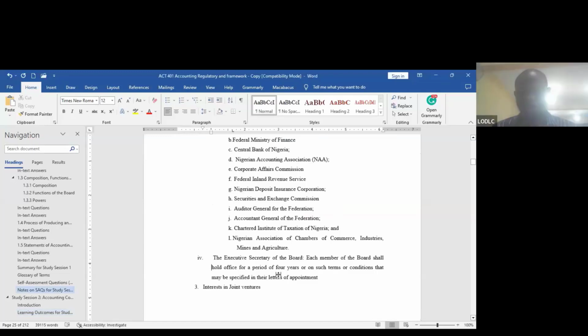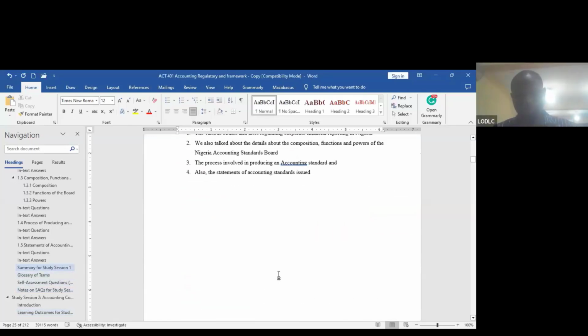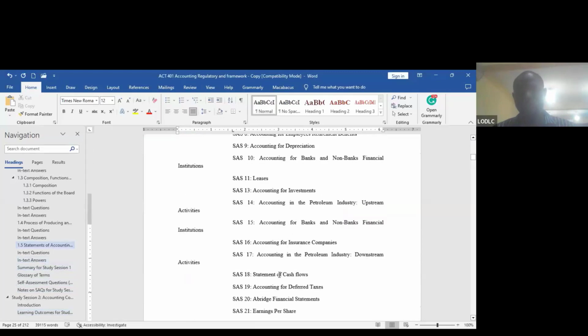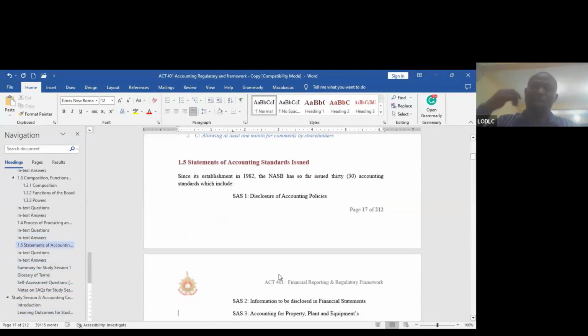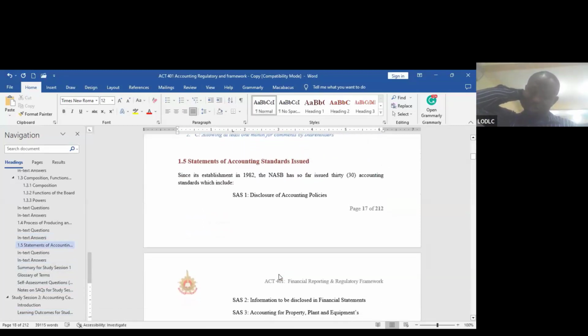So what I'm trying to say here is that this is where I stopped. I said statement of accounting standard issued. Do you understand? I'm not going to say much about this because we are no longer using SAS. We are using IFRS and IAS. But the IAS is going into extinction because some of the IFRS have repealed the IAS.